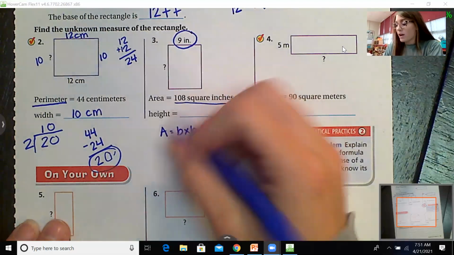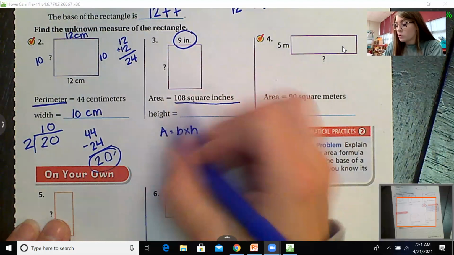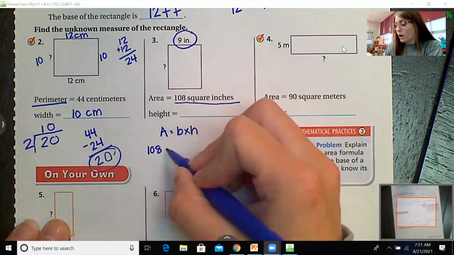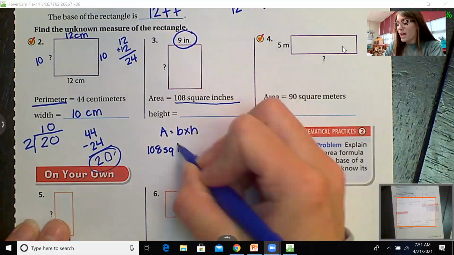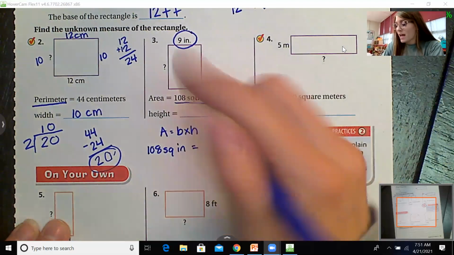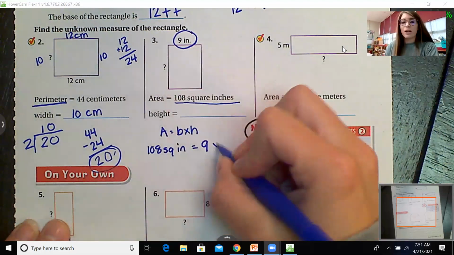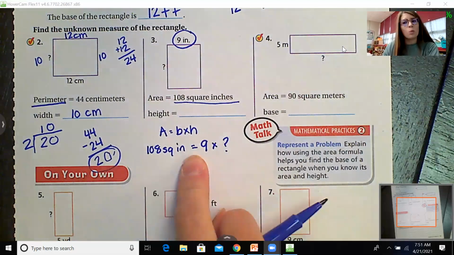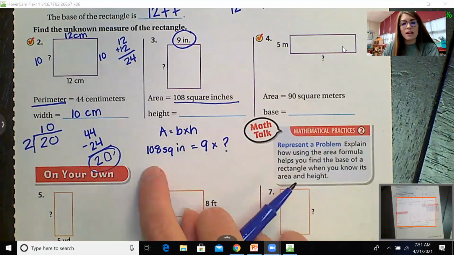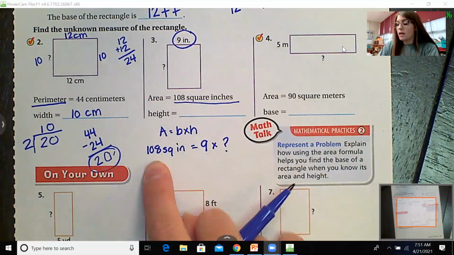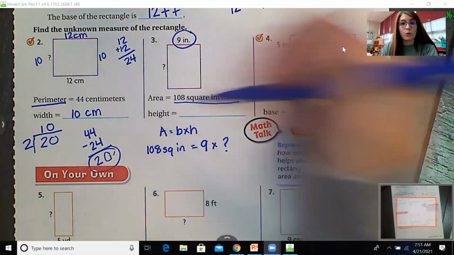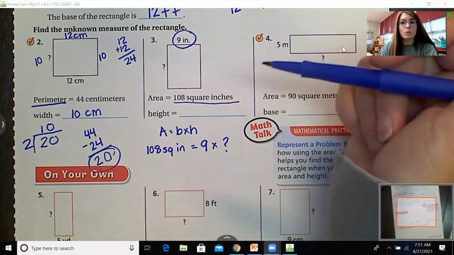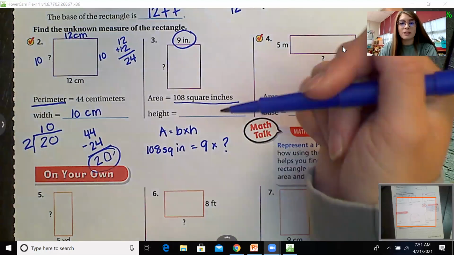So that means that my area, I do know, is 108 square inches. And my base is 9 inches. So I've got to look at 9 times what is going to give me this 108 square inches in order to be correct. 9 times what is 108?